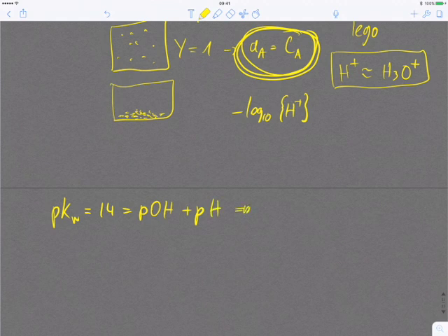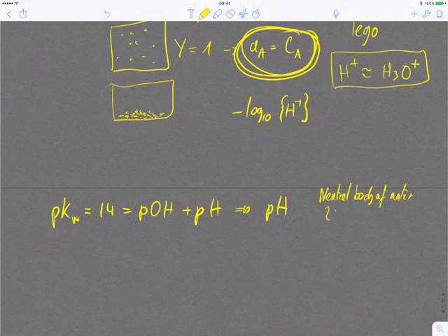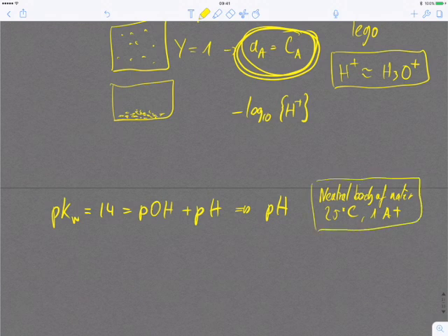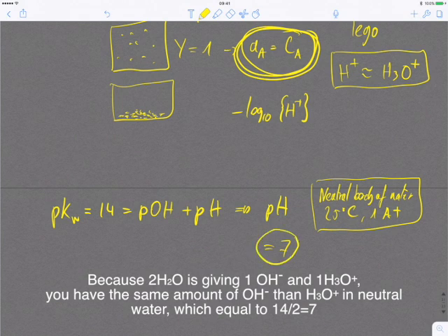That means that the pH of a neutral body of water at 25 degrees C and 1 atmosphere, very important, is equal to 7. And this is the origin, the source of your neutral pH at 7.